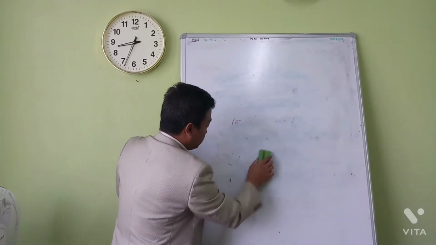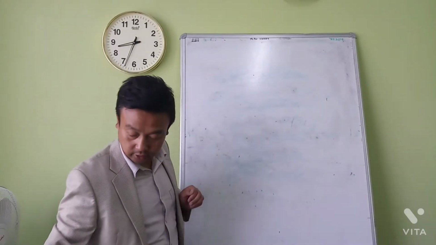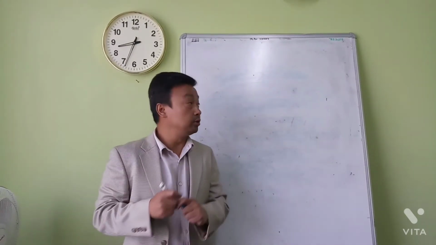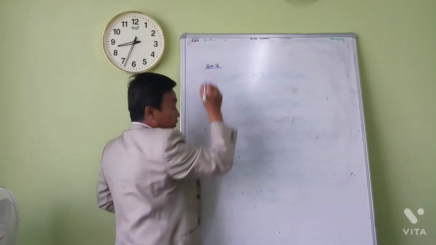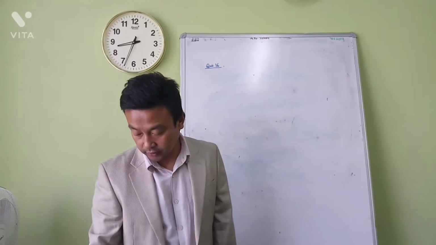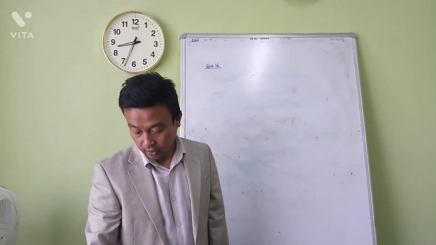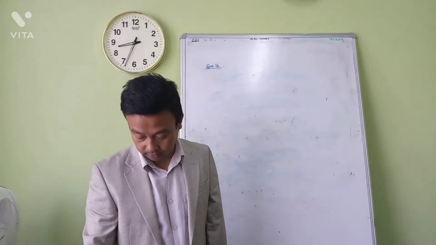Now please refer to your textbook. I will not be writing the questions here, I am reading only the question. Question number 16. The difference between two positive numbers is 5 and the sum of their squares is 73. Find the product of these numbers.